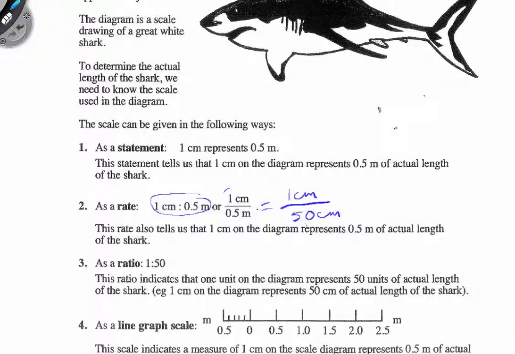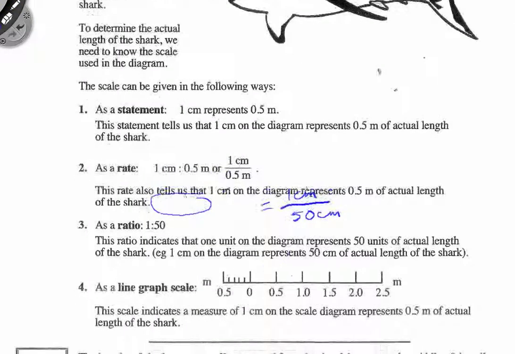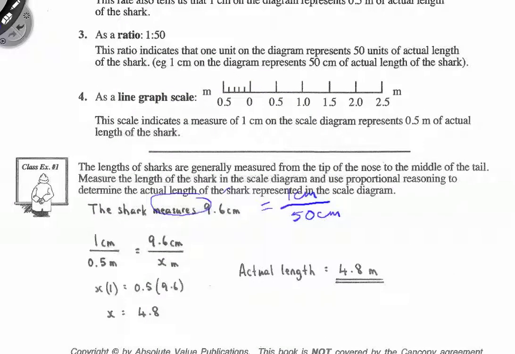As a line graph, or line scale rather, we have the scale right here, and as you can see, the scale indicates a measure of 1 centimeter on the diagram represents 0.5 meters of actual length on the shark.